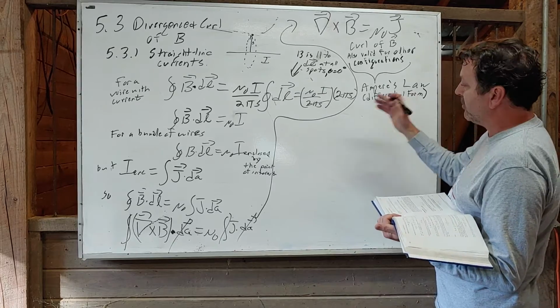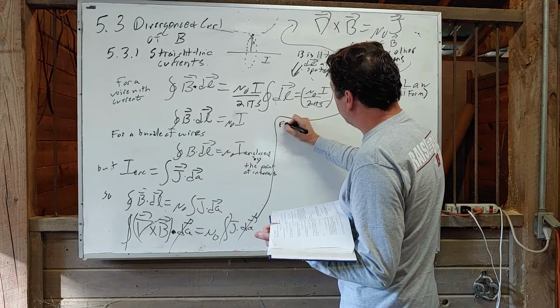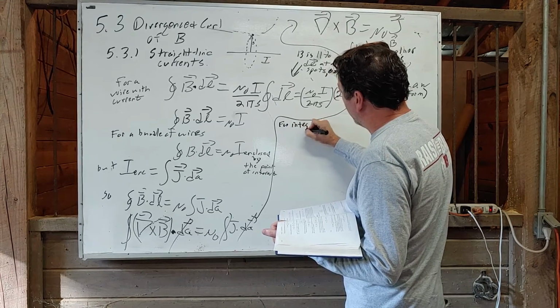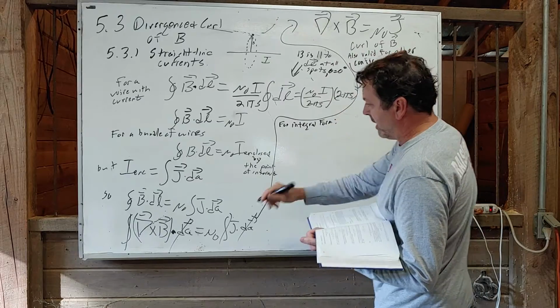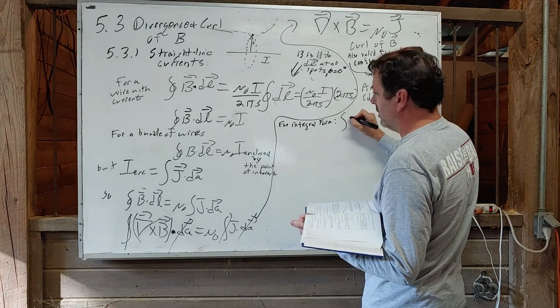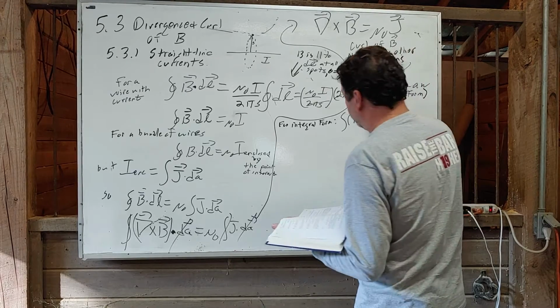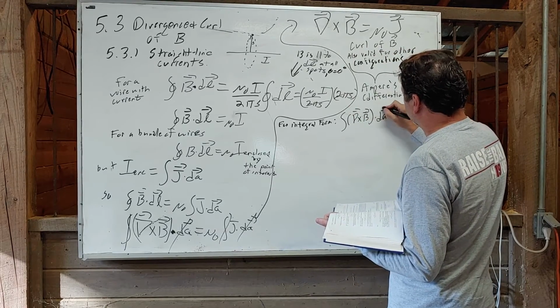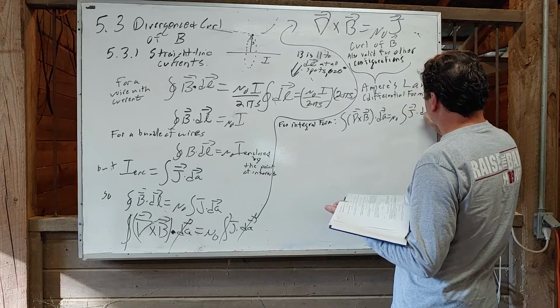So let's go back and put it in integral form. Let's go back to here. Del cross B dot dA vector equaling mu naught J dot dA vector.